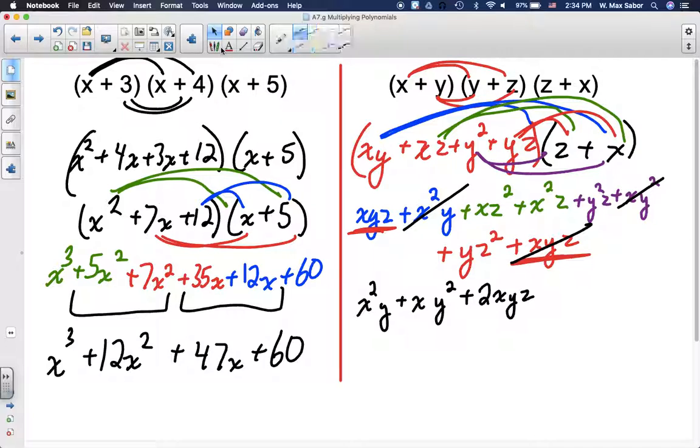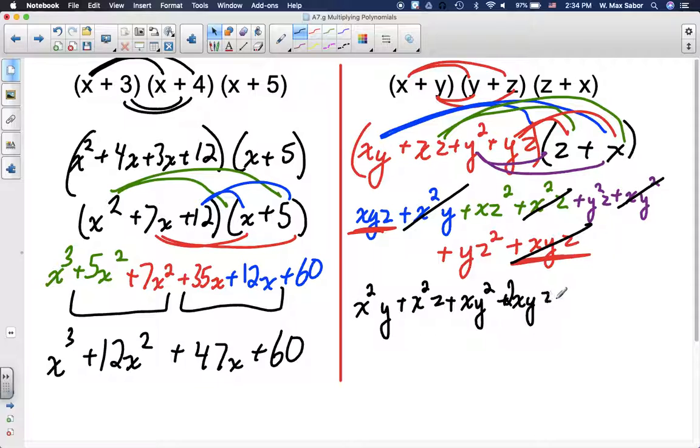It really doesn't matter that much. It's standard to go in alphabetical order. So let me do this from the beginning correctly. X squared y, x squared z. So now that's taken care of. Now xy squared, 2xyz. So now we're up to date.